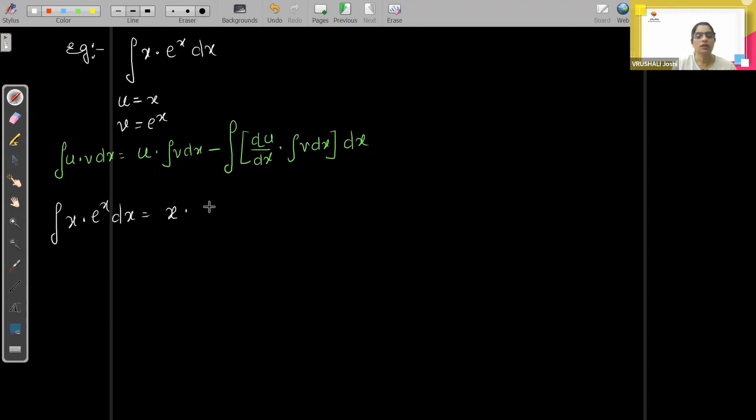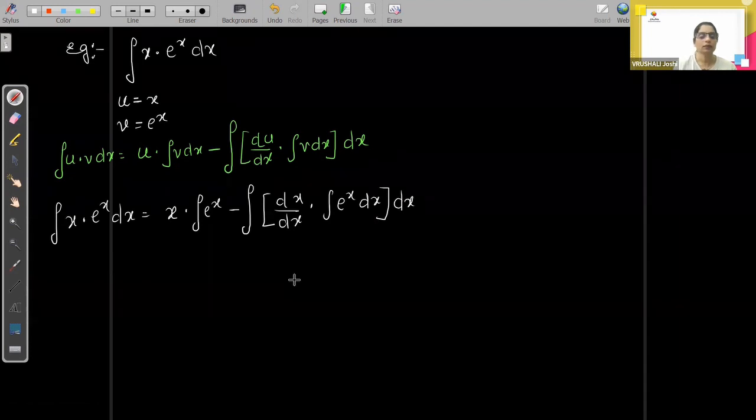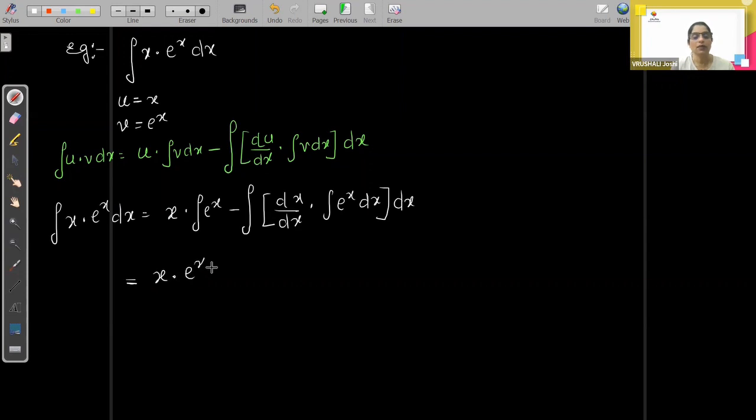First function as it is into integration of second function minus the whole integration of derivative of the first function into integration of the second function, the whole dx. देखो भाई, सबको देखकर ही पता चल गया है कि क्या आने वाला है. x into e to the power x minus derivative of, this is 1 into e to the power x, correct, dx.